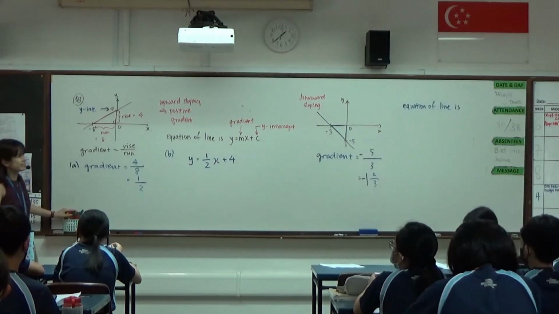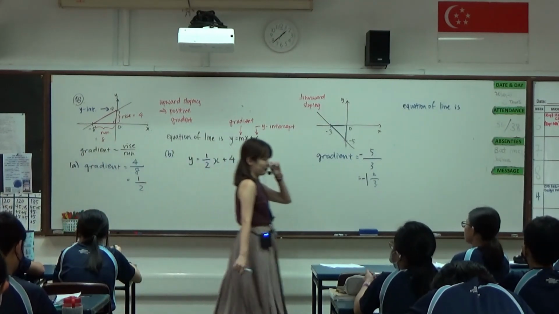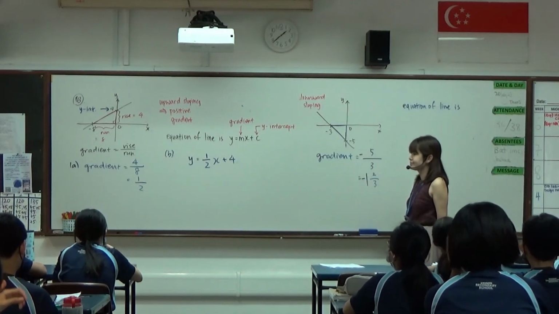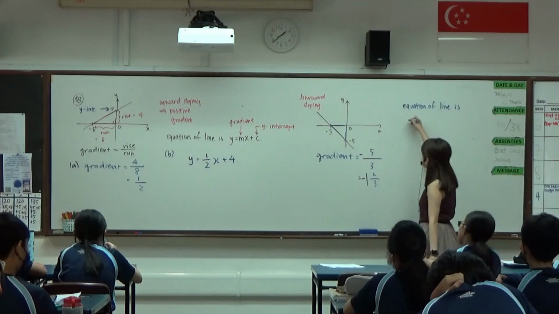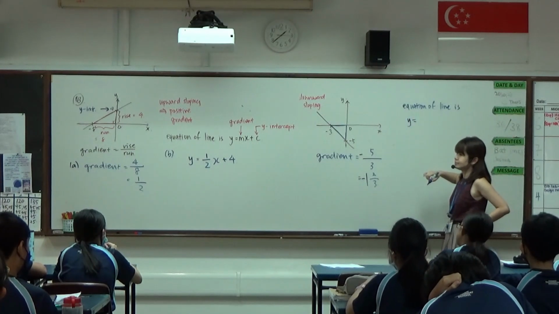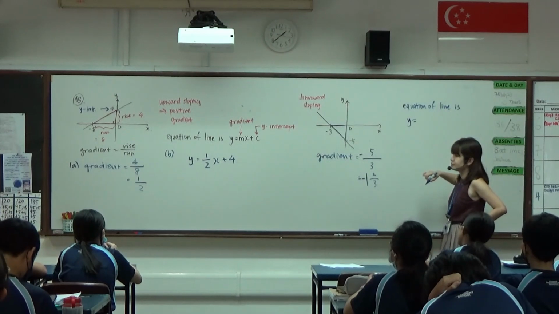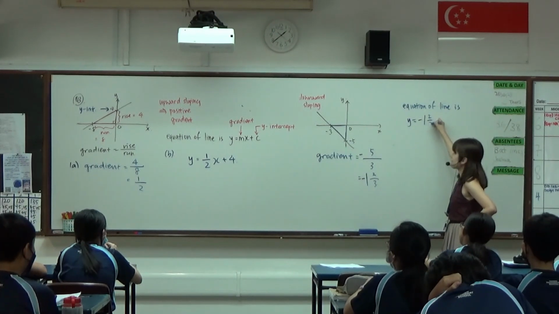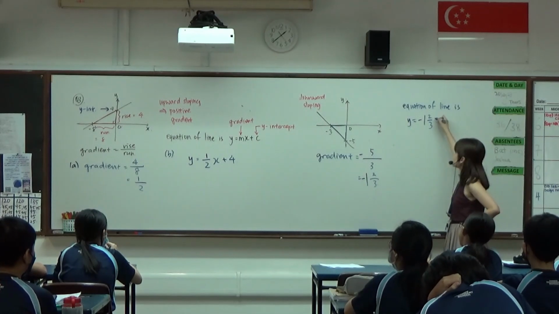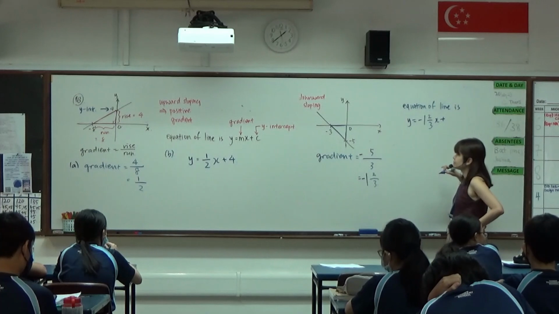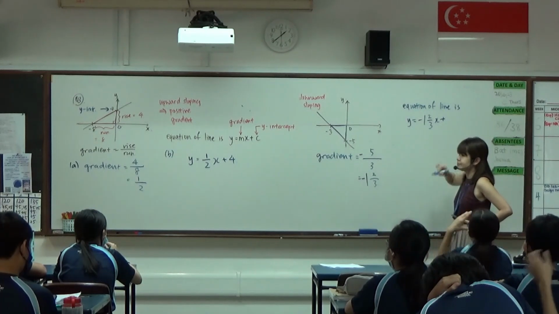The equation of the line is y equals the gradient, which is negative 1 and 2/3, x plus, what's the y-intercept in this graph?